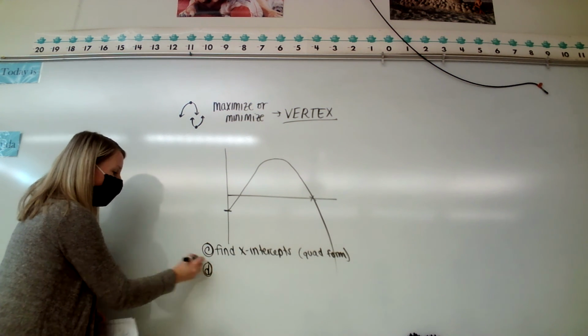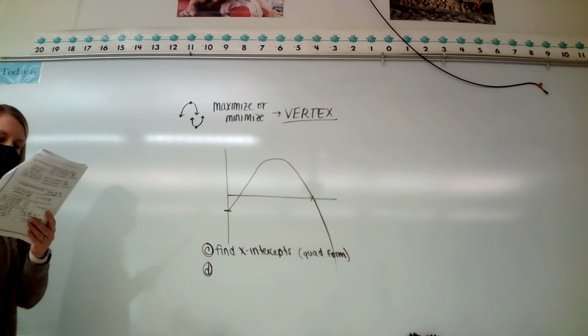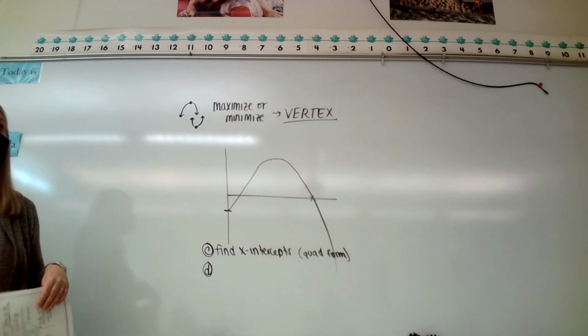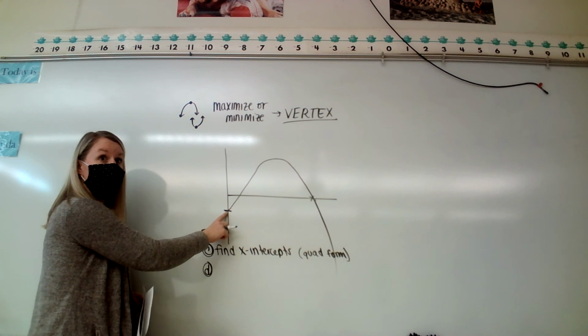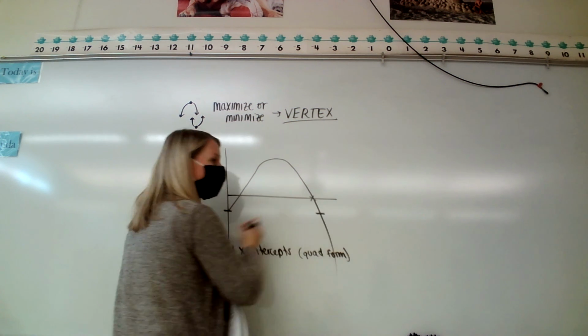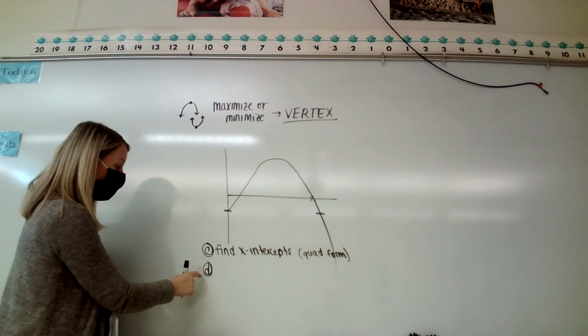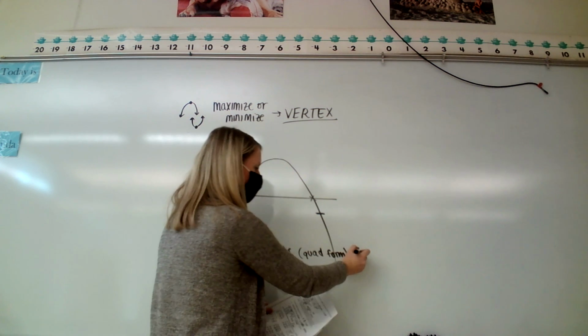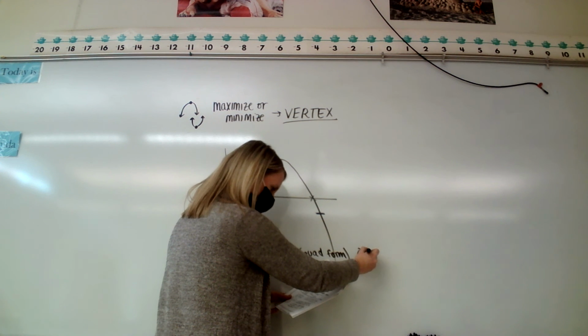And then D asks, in how many years will he break even? You're probably thinking, well, that's the same thing. It's really not, because he started here. He breaks even when he ends up back there. So for C, I'm setting the equation equal to 0.